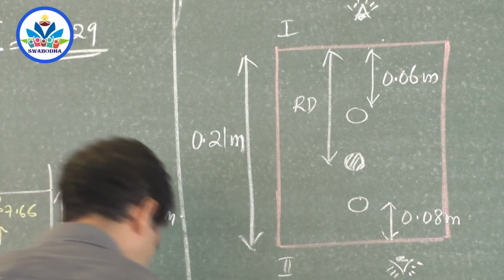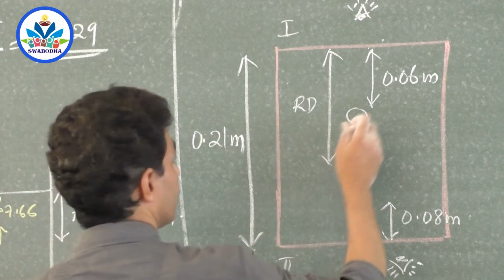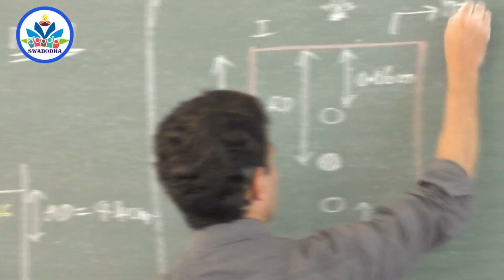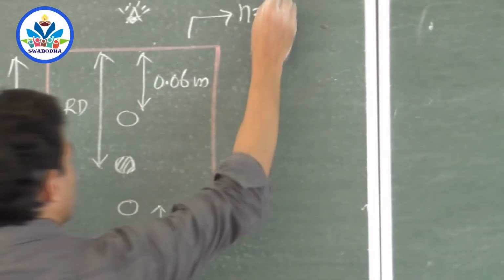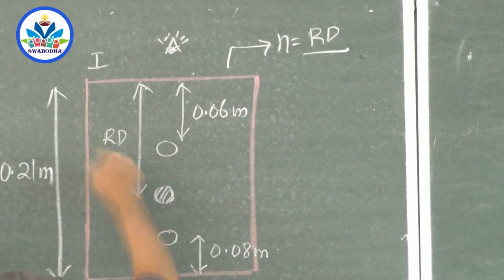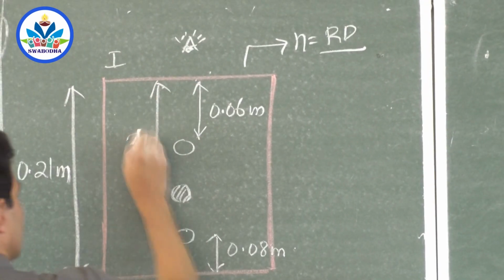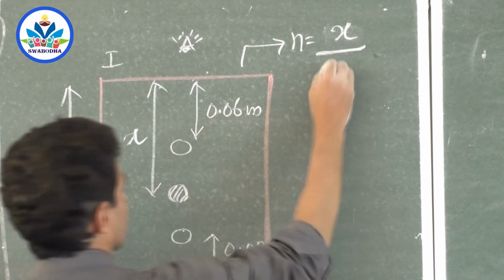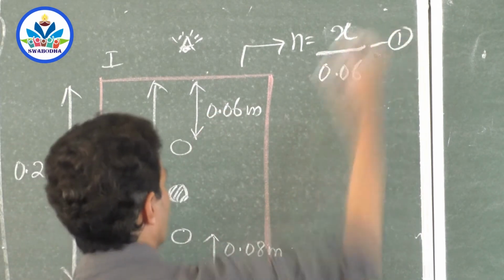N is common, so we will write the formula from this face. What is the formula from this face? N, refractive index, is real depth, I will take it as X, divided by apparent depth, 0.06. I will take it as equation 1.